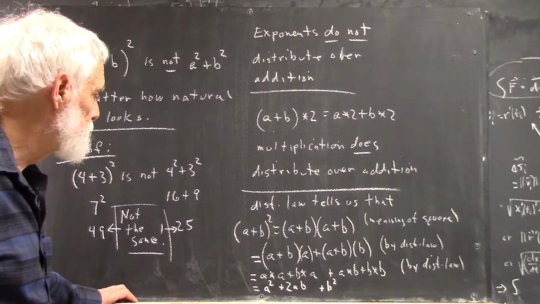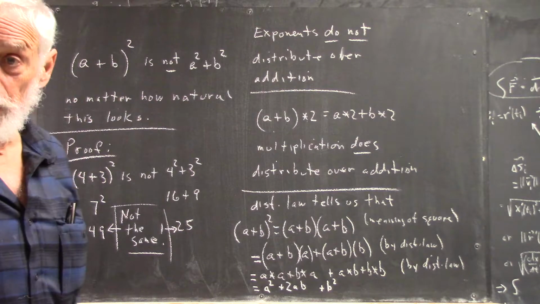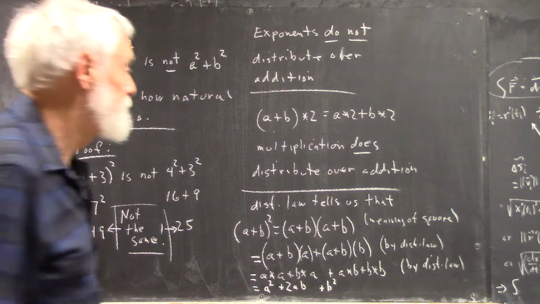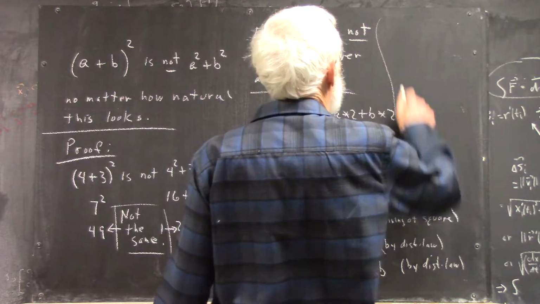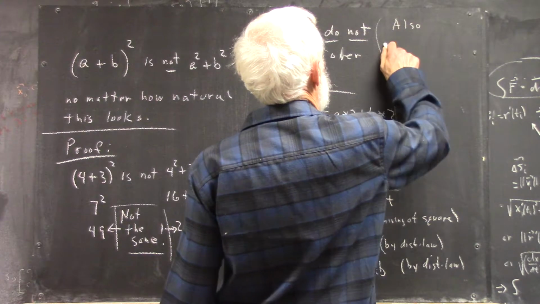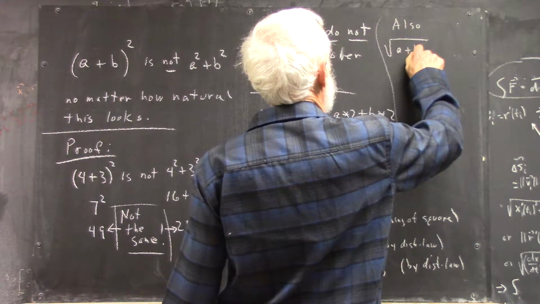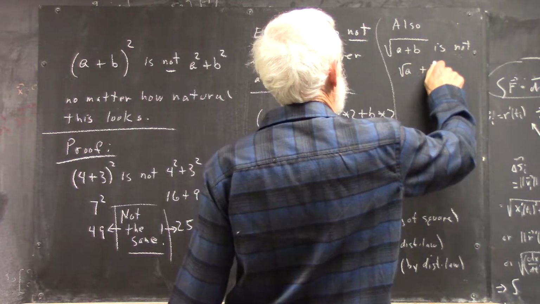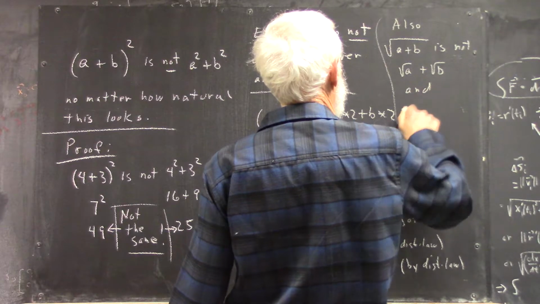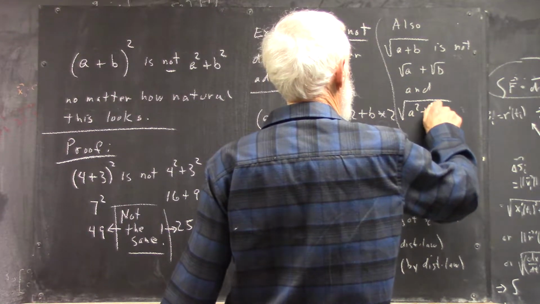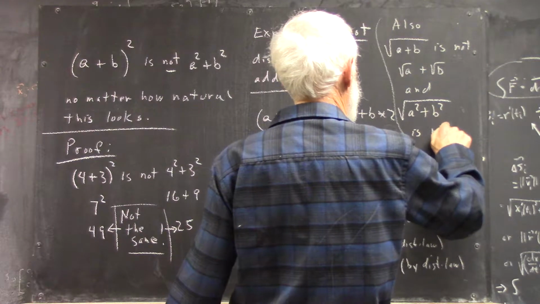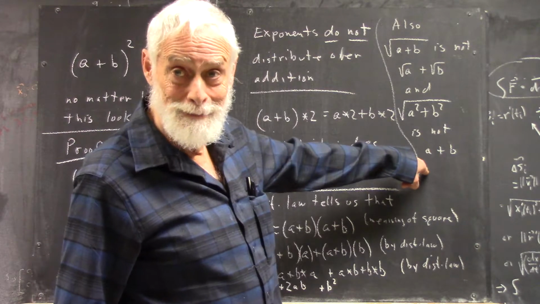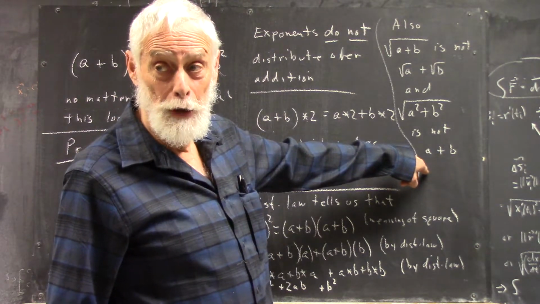Okay, so again, another big deal is the distributive law. And of course, another one that isn't true. This one's really easy to do, really easy, even for people that know.